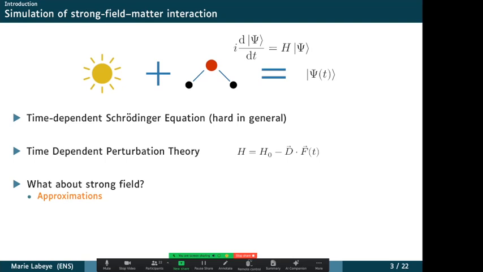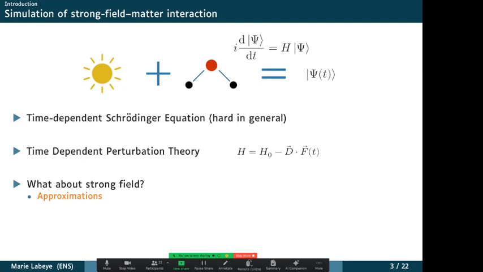One of the most popular, and the one that I also use a lot today, is the single active electron approximation. It's not mandatory, we can go beyond, but it's often used. Basically, it's one electron living in some kind of pseudo-potential that represents the remainder of the atom or the molecule, so both the nuclei and the remaining electrons.